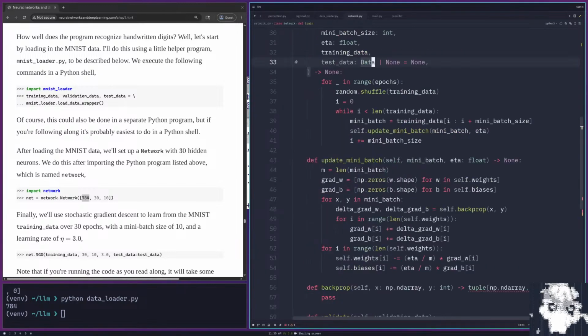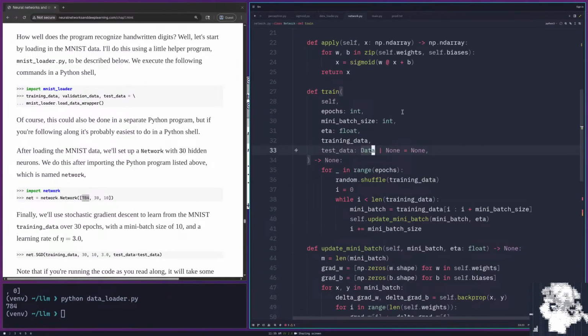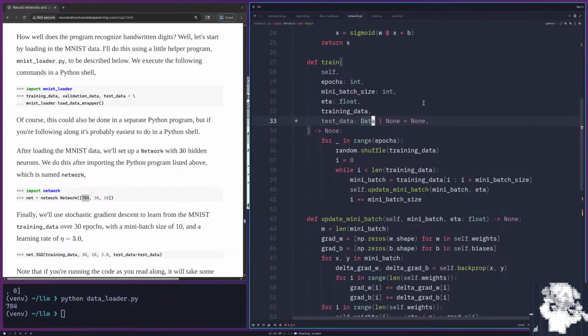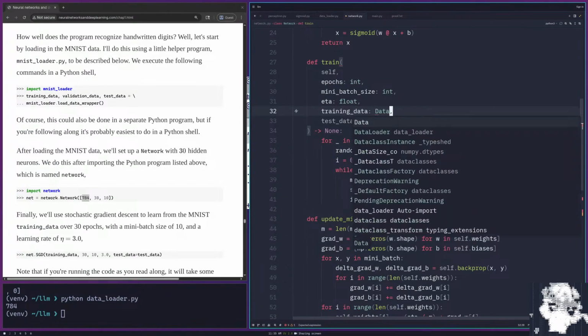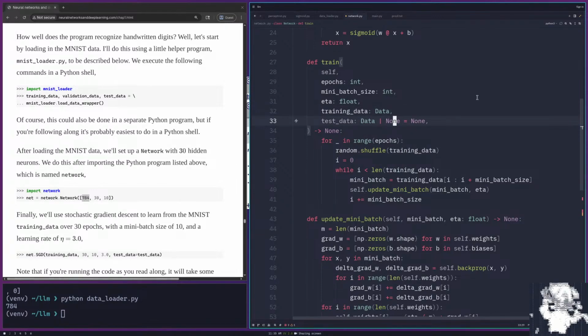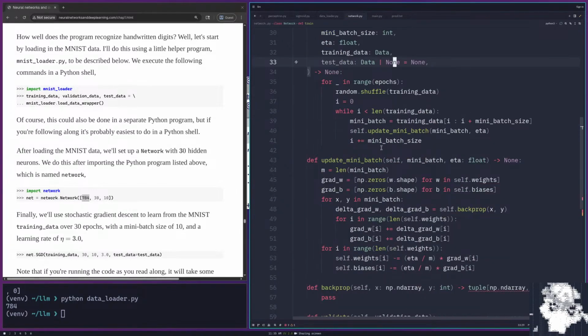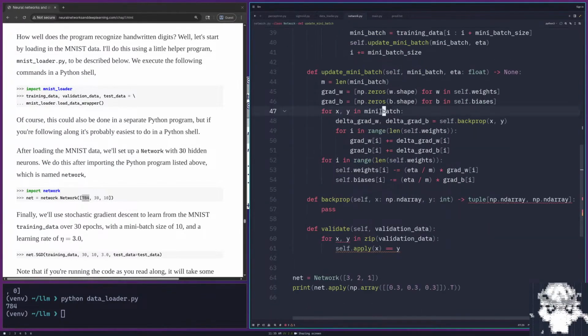Okay. Network. And training data is data. Mini batches are correctly typed now, except that X is right now not an ND array.